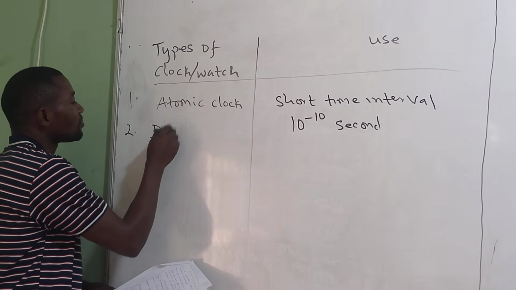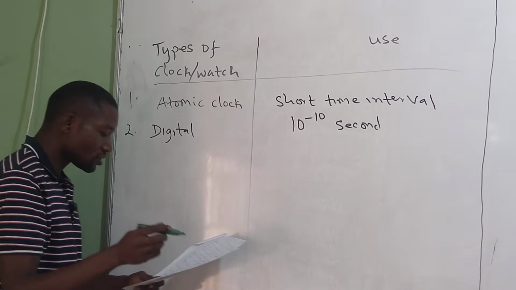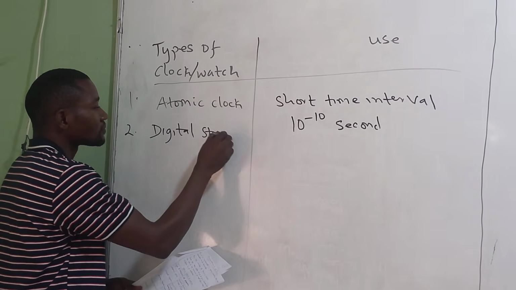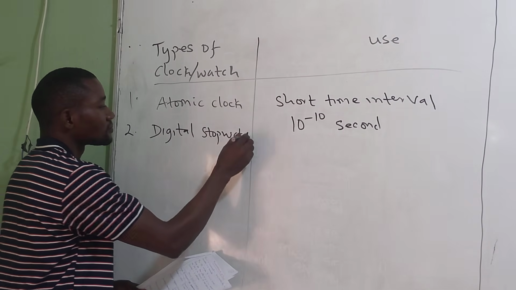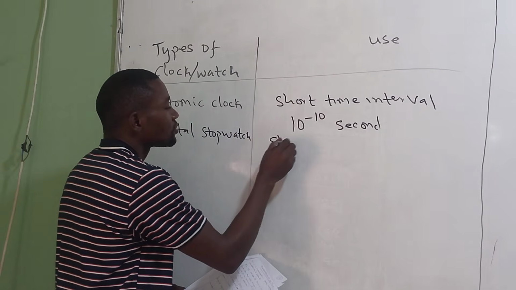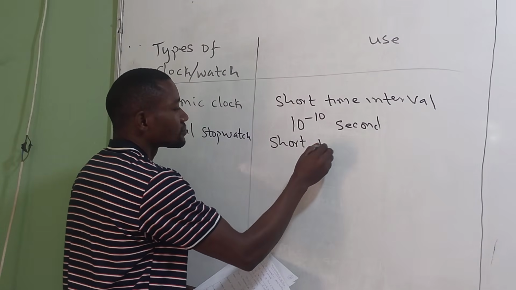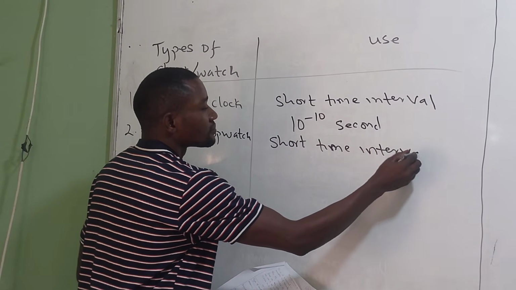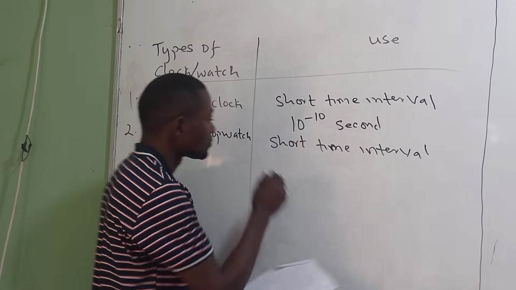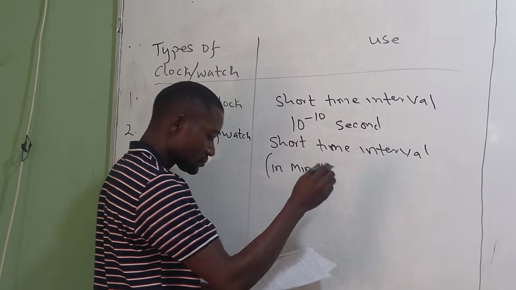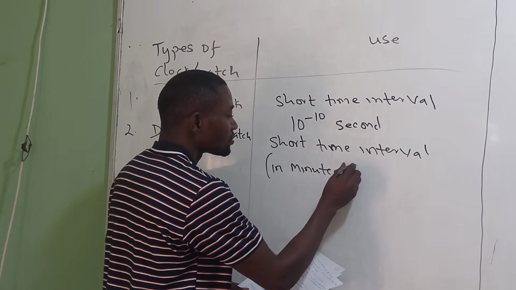Then the second type of clock or watch that we use is the digital stopwatch. It also measures short time intervals, in minutes and seconds.